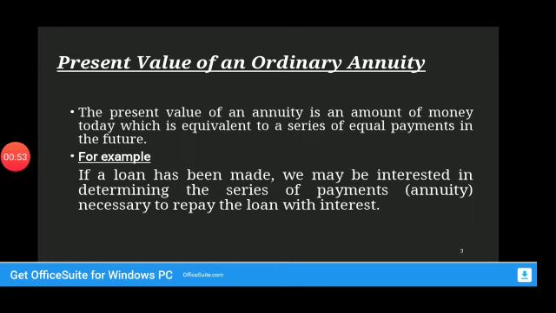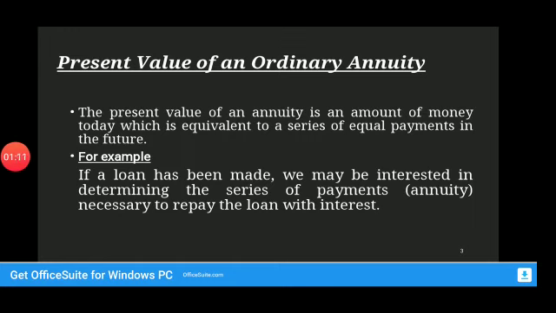First of all, we need to know what the present value of an ordinary annuity is. The present value of an ordinary annuity is an amount of money today which is equivalent to a series of equal payments in the future.